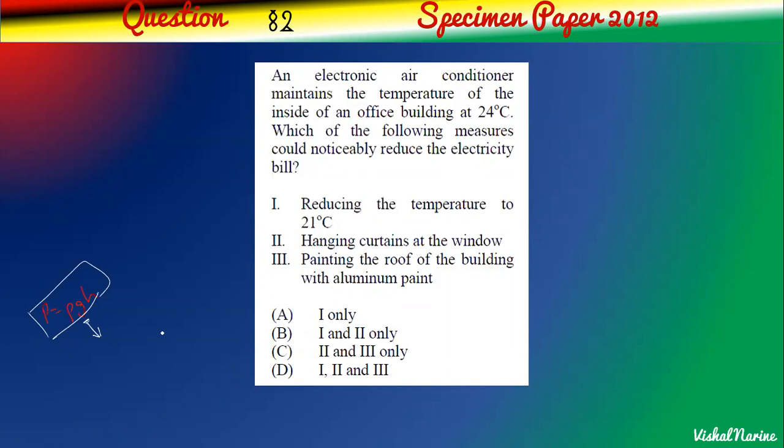All right, so back to question 82. Let's read through your responses and what answers you have here.